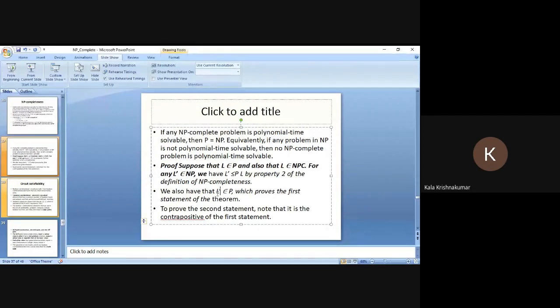Which implies L dash element of capital P, and that is the first part of the statement. And the second part is actually a contrapositive of the first statement.